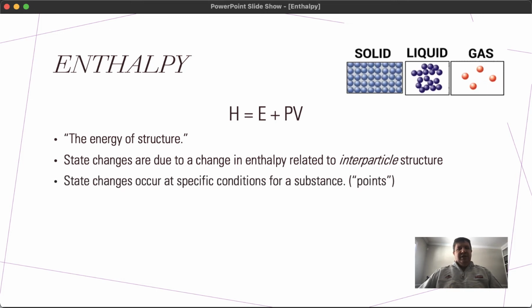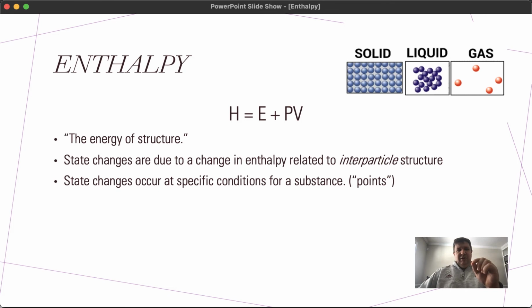So state changes will occur at specific conditions for a substance. So we know these as the points: melting point, freezing point. And so the melting point is a function of temperature and pressure. The boiling point is a function of temperature and pressure. Vaporization is a function of temperature and pressure, and also those are related to vapor pressure.